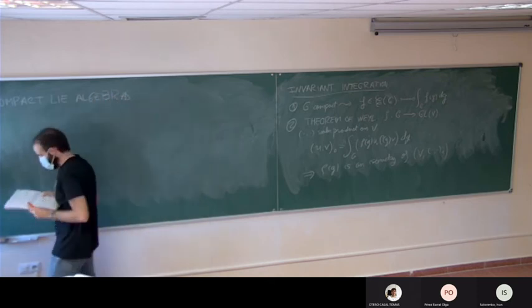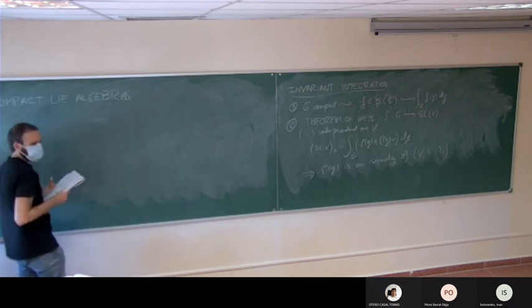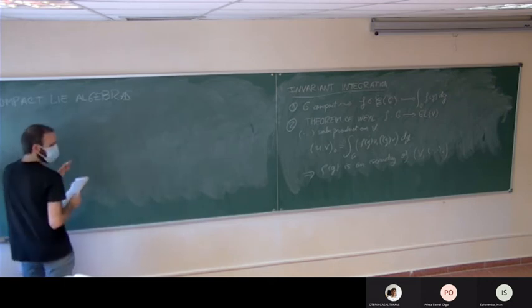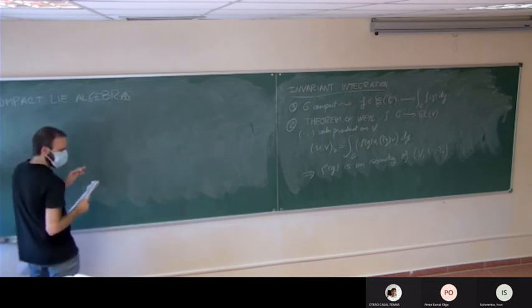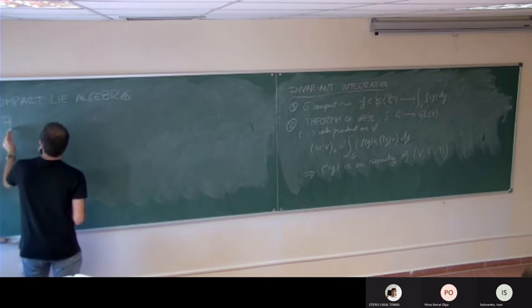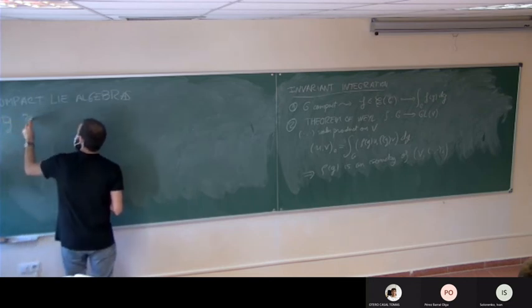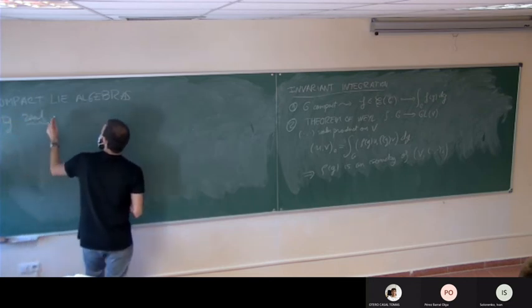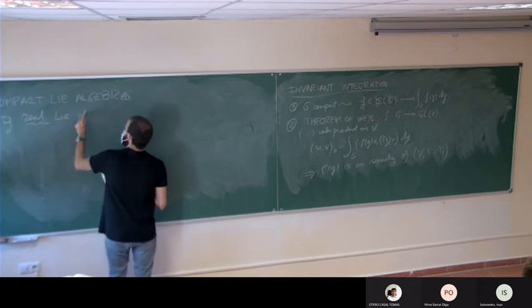So suppose we have a real Lie algebra. G must be a Lie algebra over the real numbers. G is a real Lie algebra.